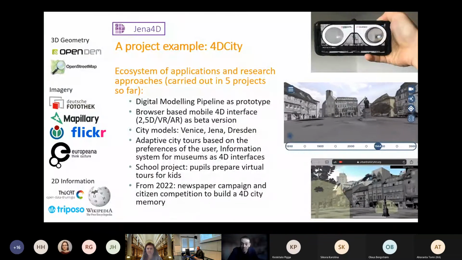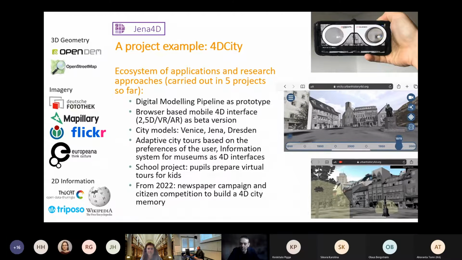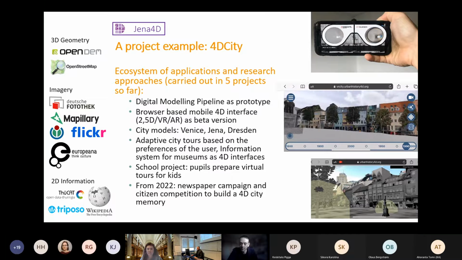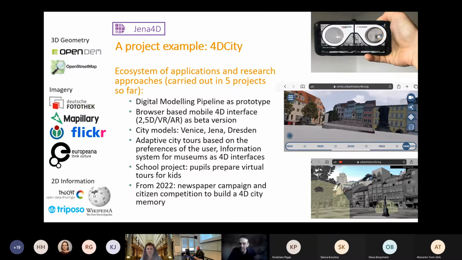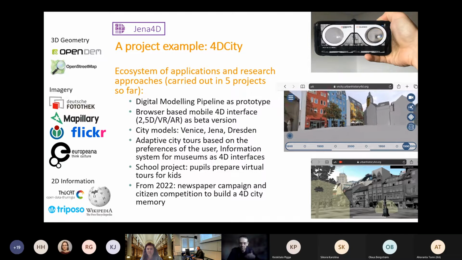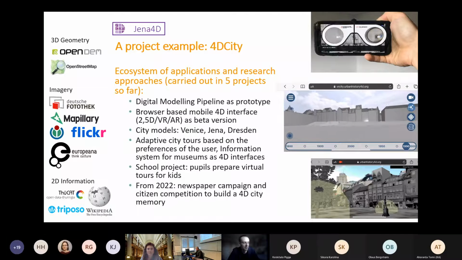What we are currently working on is utilizing this kind of ecosystem with several data inputs. For instance, we have recently integrated booking systems so that you could have a 4D impression from whatever place in the world, but also book your restaurants, get touristic information, and have access to Wikipedia articles, and so on.